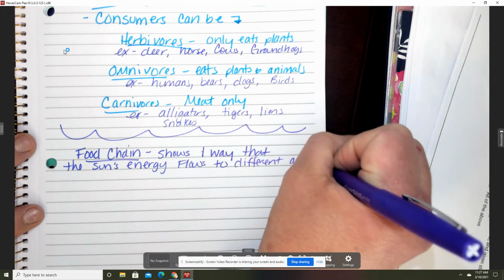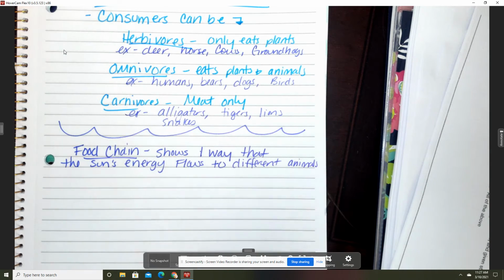And of course, it'll be different depending on the ecosystem. So a forest food chain is going to be different than an ocean food chain.